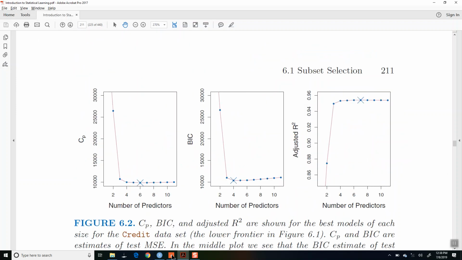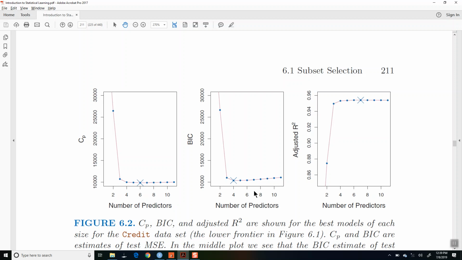If this is what your graphs look like, and you say, well, should I include the 5th predictor or 6th predictor? My answer is, I don't know. What do you think? I guess hopefully you have some context of these variables, and you can ask, does it make sense to actually include these additional things?